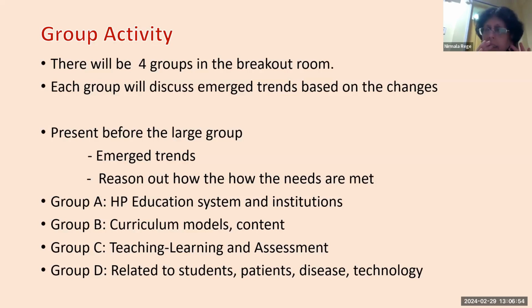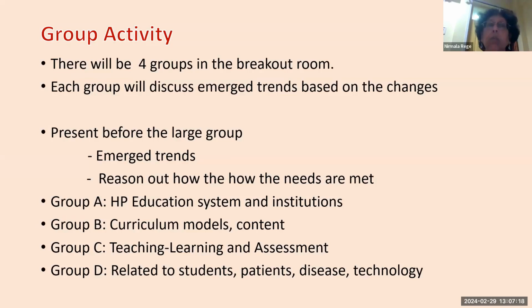Then, for the emerged trends, reason out whether the trend is meeting the challenge or the changes. To avoid overlap, and there will be bound to be some, we have divided the groups to discuss only a few things.